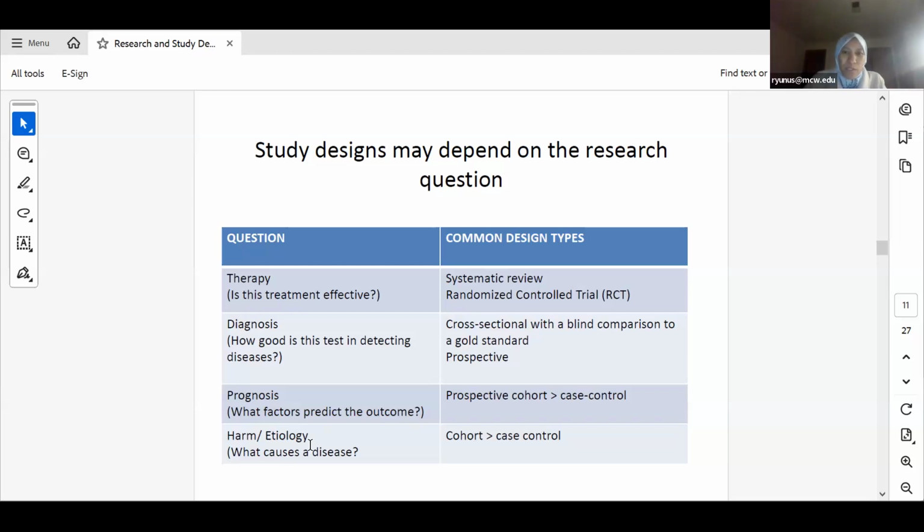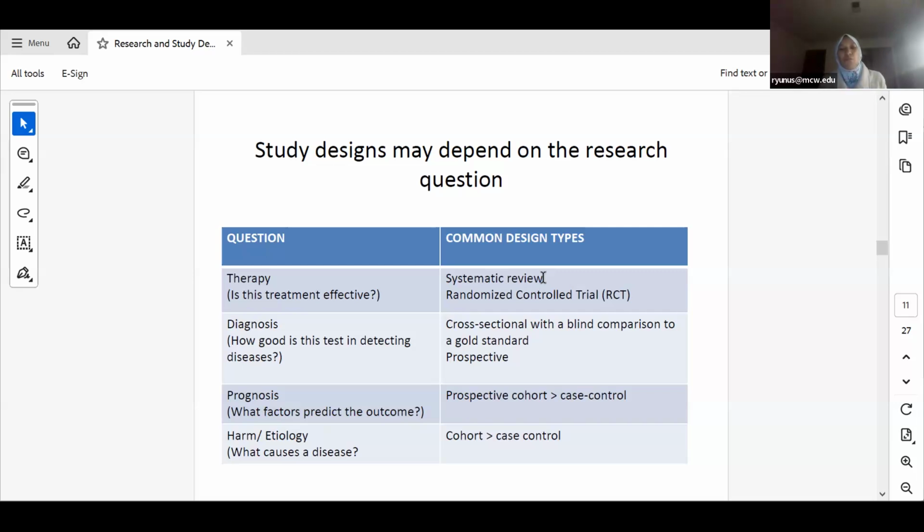So based on that question, you can predict that the most suitable design for this question would be a clinical trial. It can be a systematic review, maybe the first one that I put there, depending on what you want.